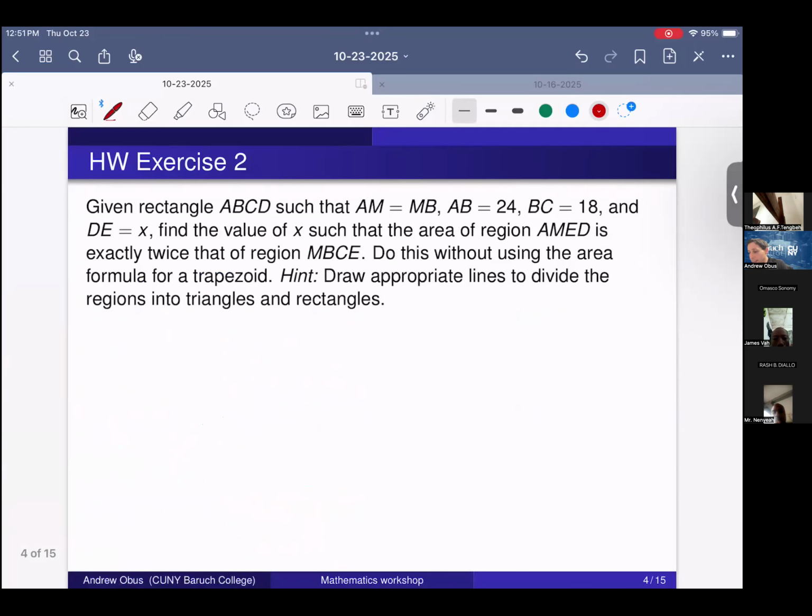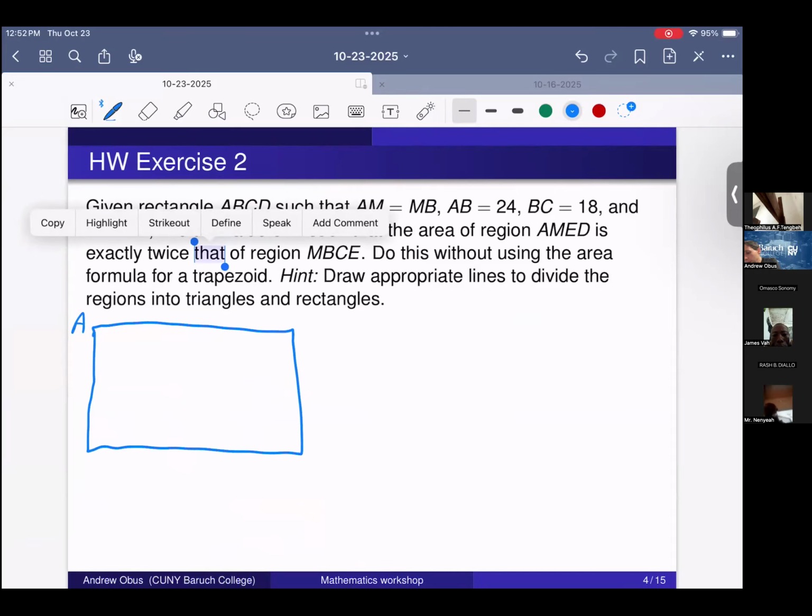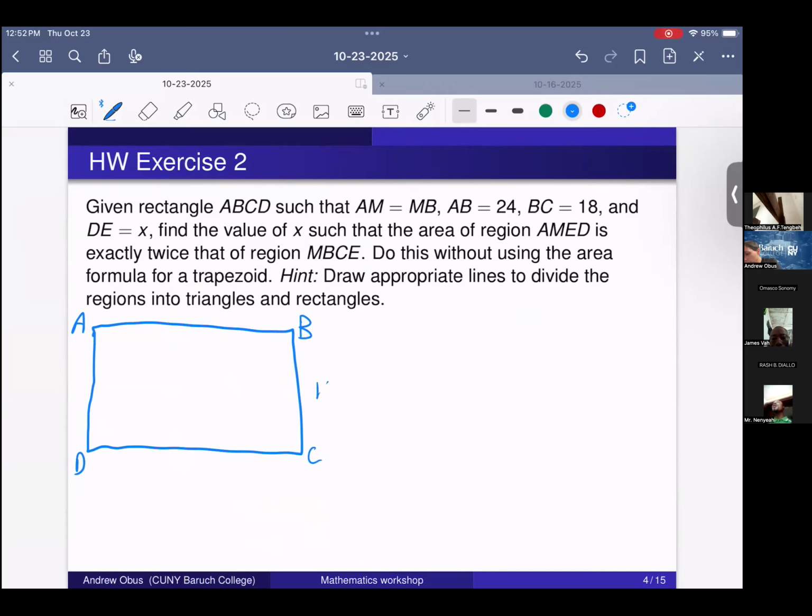So the next one says we're given a rectangle with a whole bunch of measurements. So again, it's worth it to just draw it. I'm going to draw this rectangle here. A, B, C, D. This measures 18.